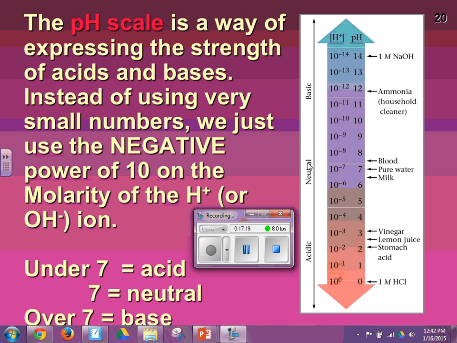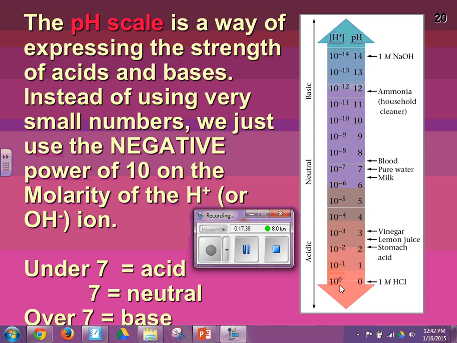So these are all the moles, the amount of hydrogen ions in there. You can see the -7 is here at the pH scale of 7, and a -14 is a 14 on the pH scale.